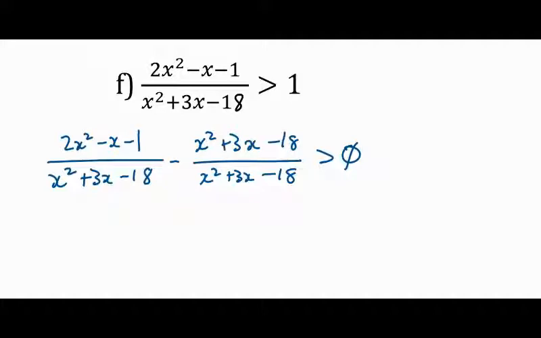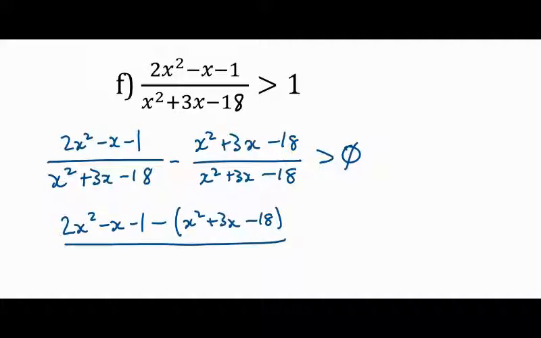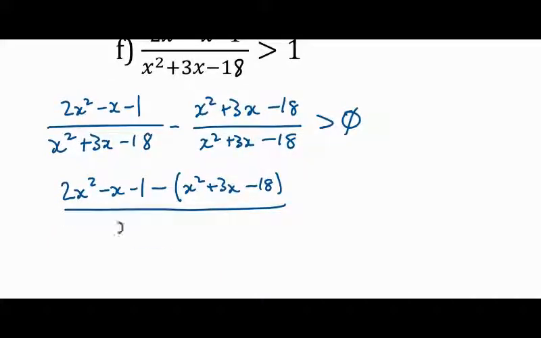So this is going to be 2x squared minus x minus 1 minus bracket x squared plus 3x minus 18, all over x squared plus 3x minus 18. Why would I factor this? I don't think it's factorable anyway, but why would I factor that if I'm just expanding to collect like terms?